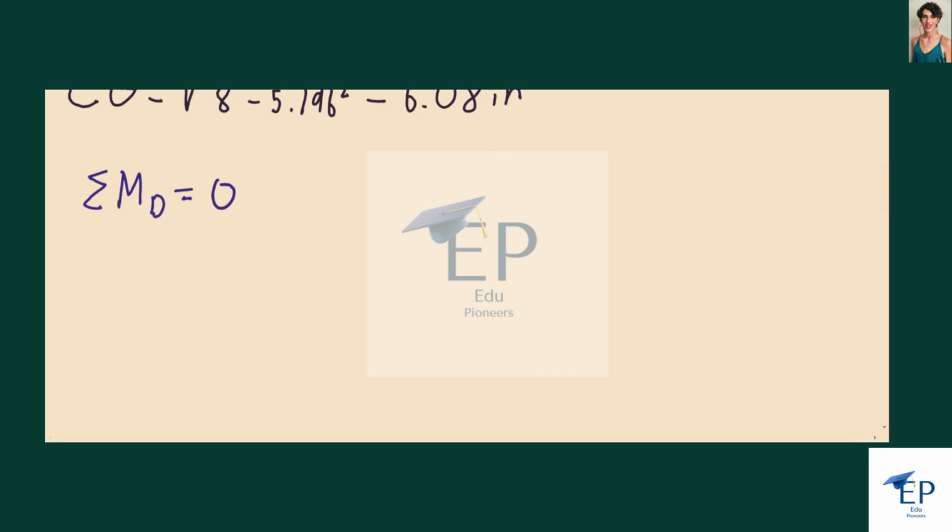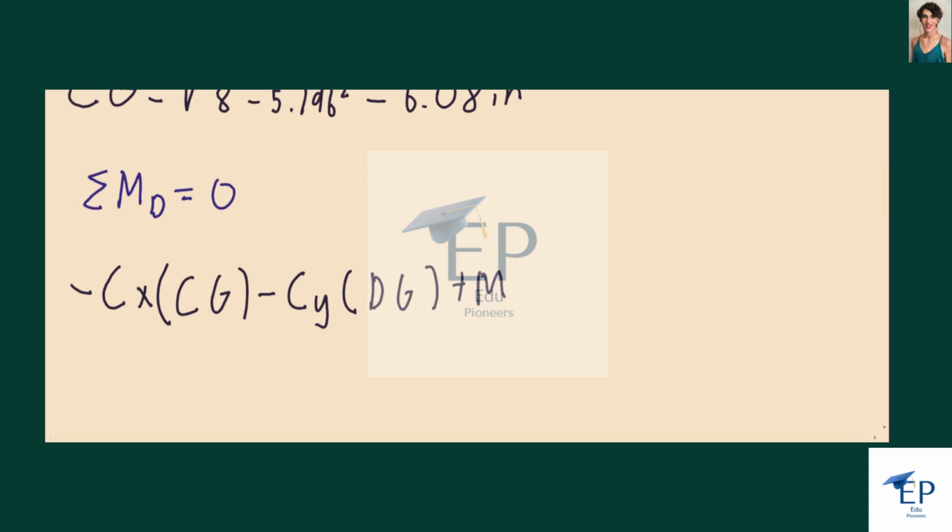And using what we have, we can say that that's going to be equal to negative C of x times CG, minus C of y times DG, plus the moment that we're trying to solve for. And we set that equal to 0. And so we know the x component, we know CG, we know the y component, and we also know DG. So we plug in and we solve for the moment M.